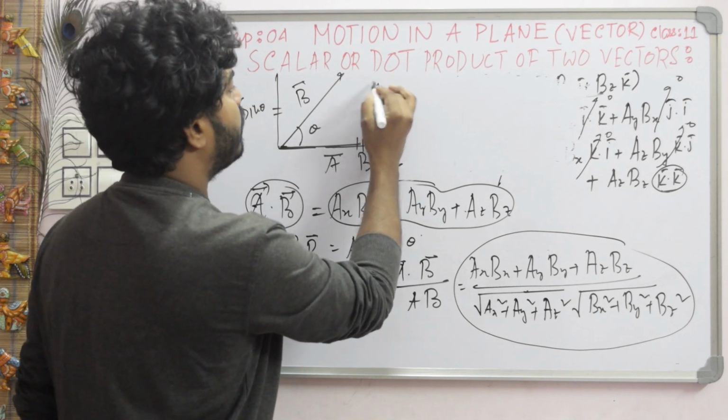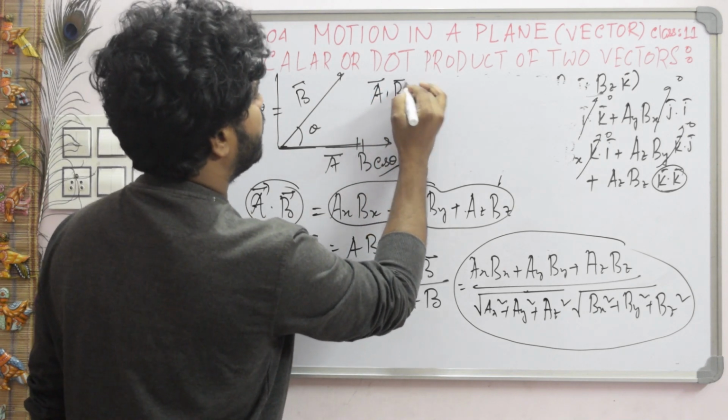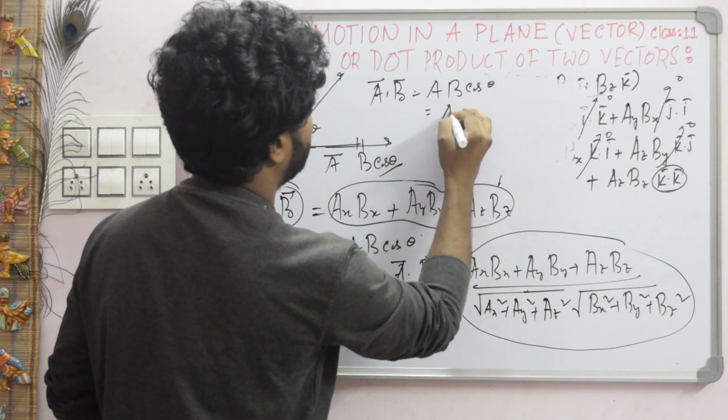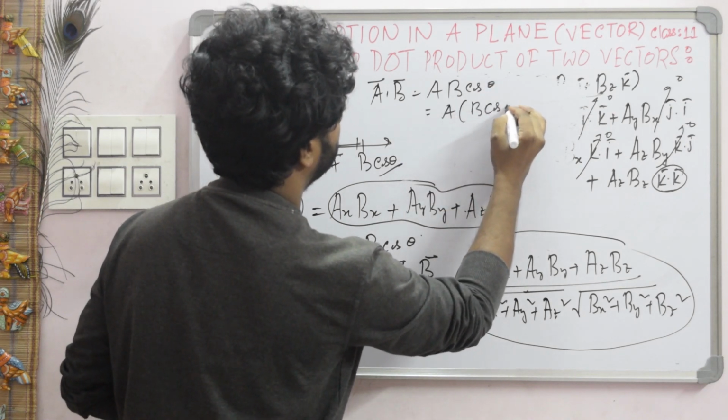Now write down a dot b, that means ab cos theta. From here you can say a times b cos theta.